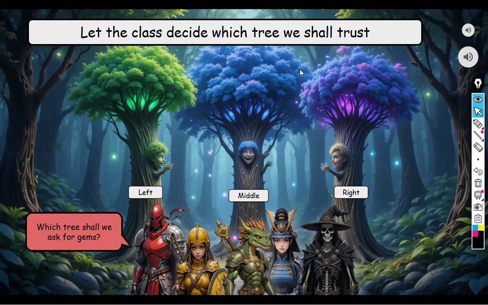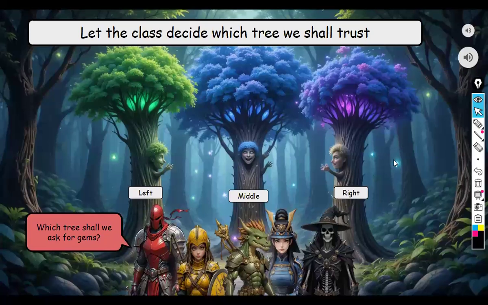All right, seems that everyone has their votes in. Oh, it's a slight win. So apparently, sharing the results, the right tree won. So we are going to visit only the right tree, and let's see what gems the right tree has.